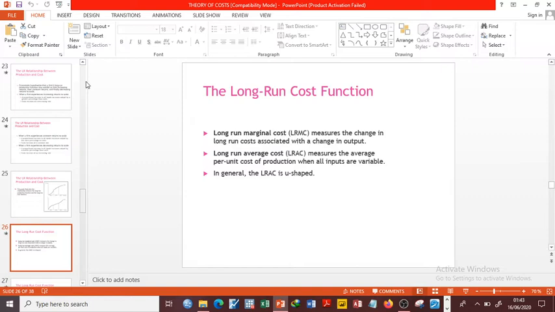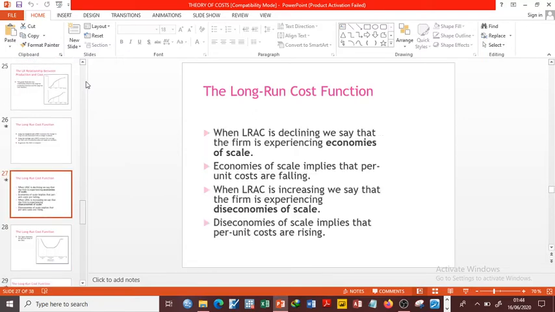And still in the long run, these long run cost curves are also U-shaped. And why are they U-shaped? We are answering the other question that I was asking. Why are cost curves U-shaped?